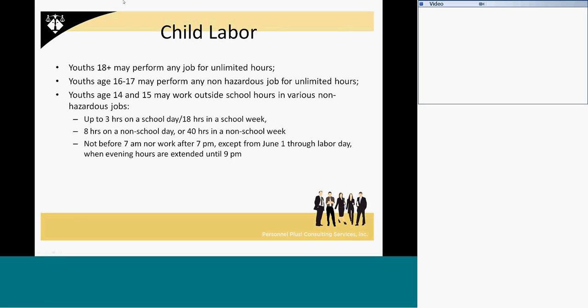And you'll also notice that those rules differ depending on whether school is in session, with a presumption that school is in session from Labor Day through June 1st. So from Labor Day to June 1st, they can't work after 7 p.m. After that, then they can work till 9 p.m.